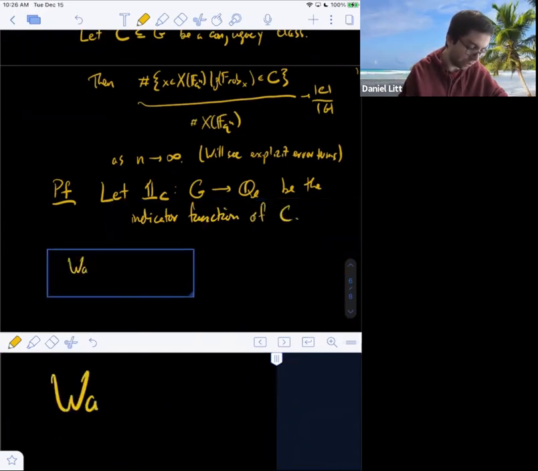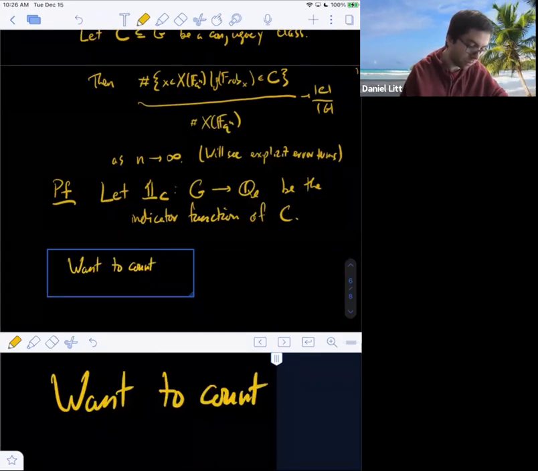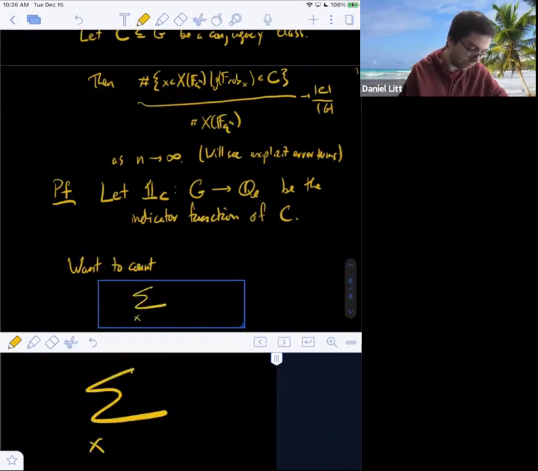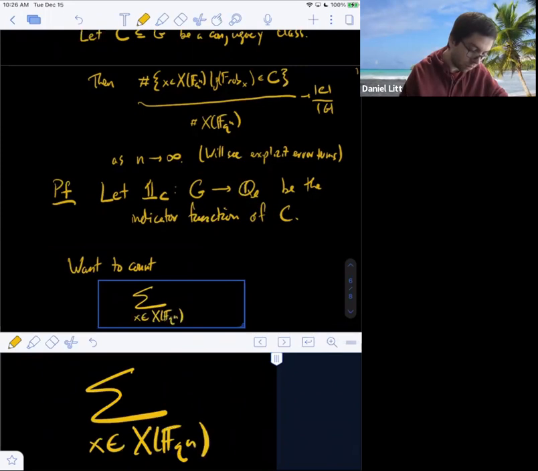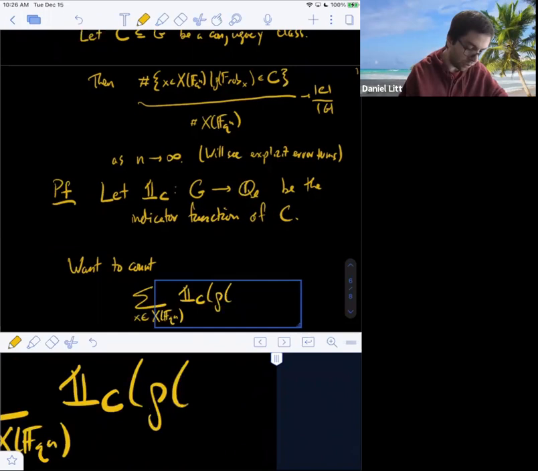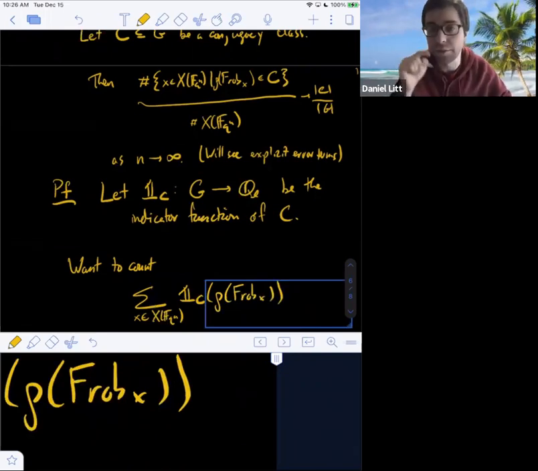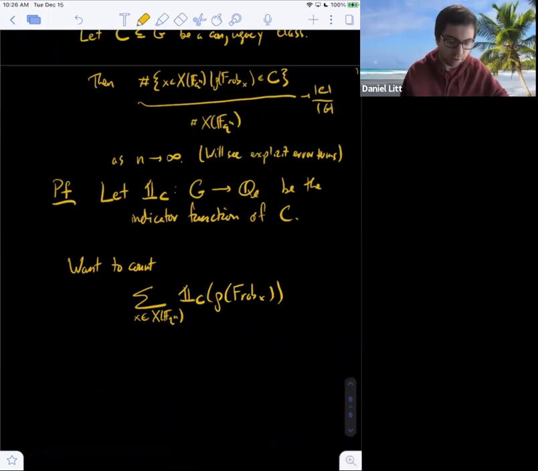We want to count the sum over the rational points of 1 sub C of rho of the Frobenius at X. This is the kind of thing we're interested in. So this is precisely the numerator of this fraction here. Do you guys agree with this?